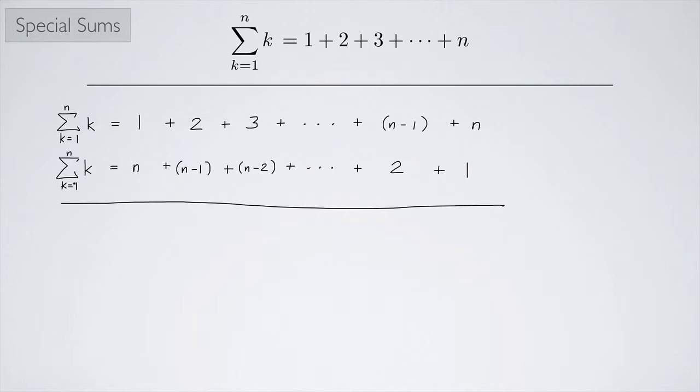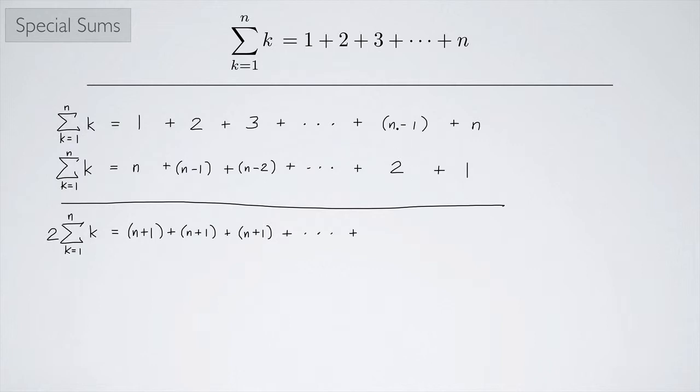When I add these two sums together, I get 2 times the sum from k equals 1 up to n of k, and that's going to equal n plus 1, and then 2 plus n minus 1, well that's the same thing as n plus 1, and then 3 plus n minus 2, well that's the same thing as n plus 1, and in fact all of these terms are going to add up vertically to give n plus 1.